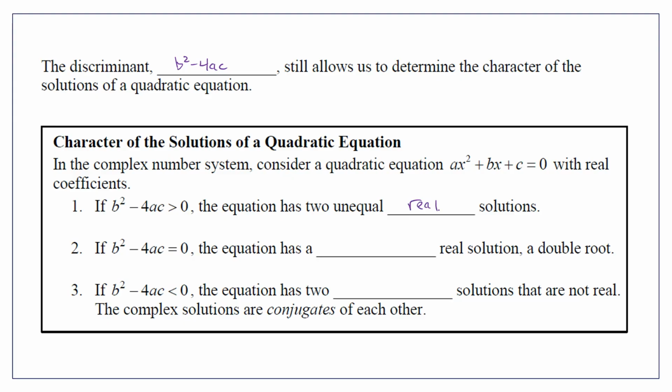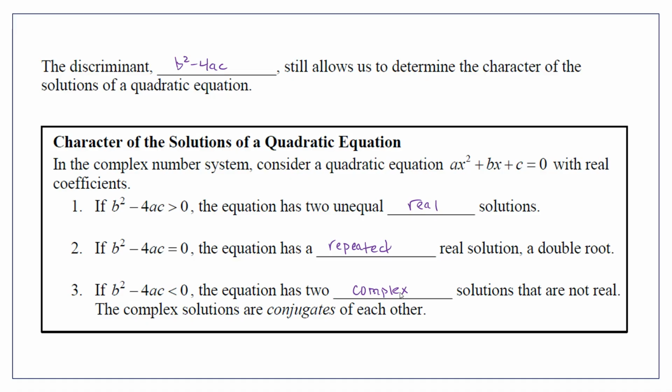If b squared minus 4ac equals 0, the equation has a repeated real solution, or a double root. If b squared minus 4ac is less than 0, then the equation has two complex solutions that are not real. So the complex solutions are conjugates of each other.